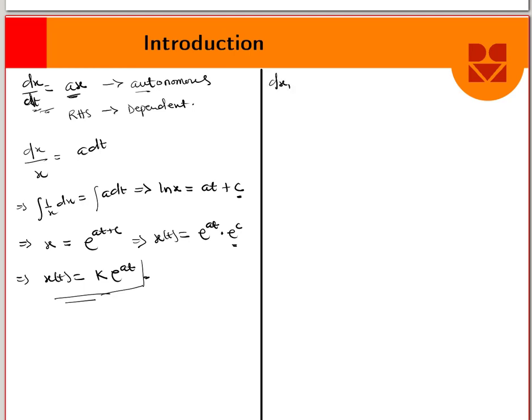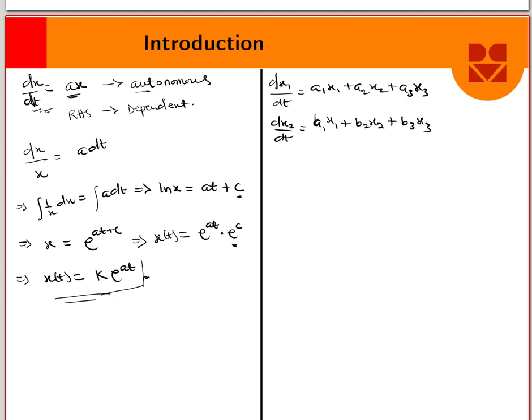Now let's consider this system of differential equations. dx1/dt equal to a1 x1 plus a2 x2 plus a3 x3. Then dx2/dt equal to b1 x1 plus b2 x2 plus b3 x3.